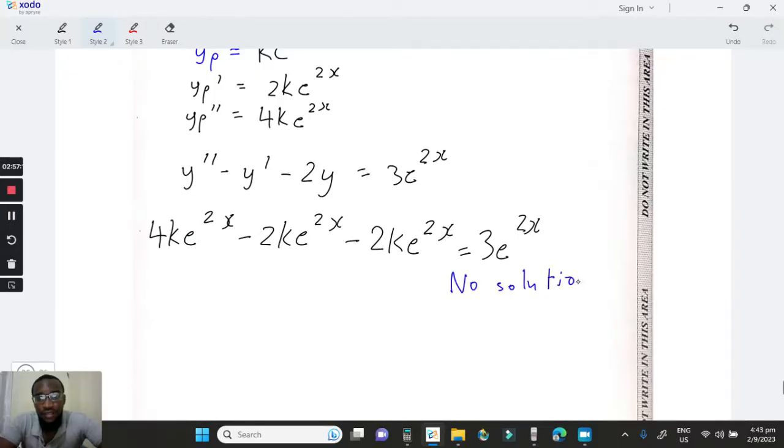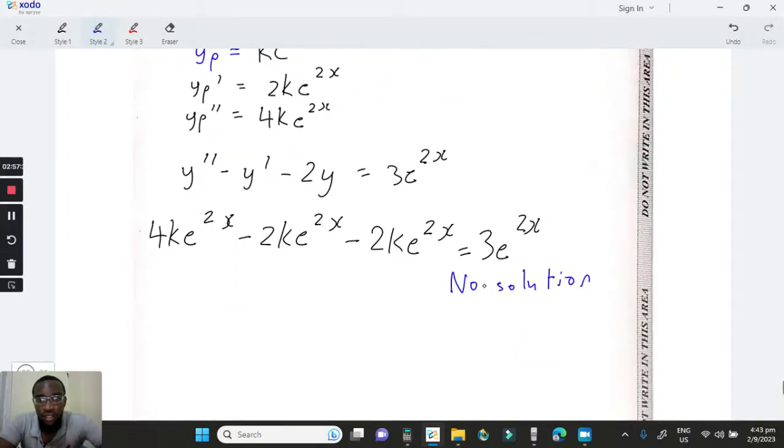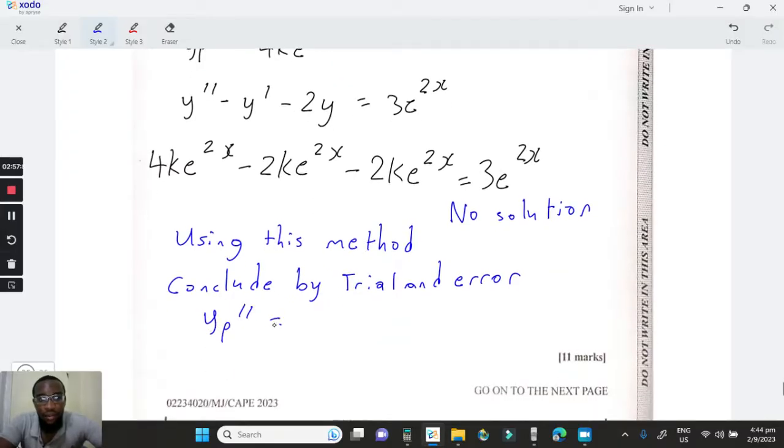So in that case now, we don't know how to get to this at this level. All right, so right here, don't worry, no solution using this method. All we conclude then is, by trial and error, that yp is equal to xe to the 2x.